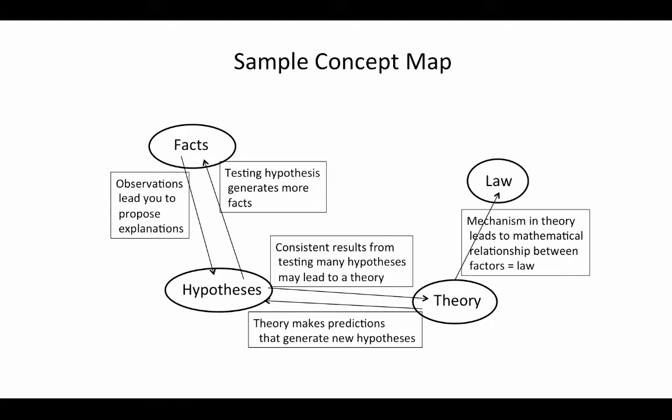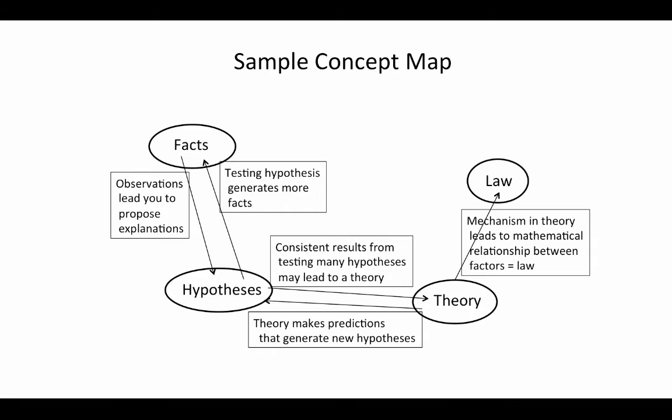So what is a law? The theory is going to propose some mechanism that explains why these facts, why these outcomes of the experiments, are true. If that mechanism can be described by a mathematical relationship, that mathematical relationship is a law. So basically, a law is the mathematical description of a theory.